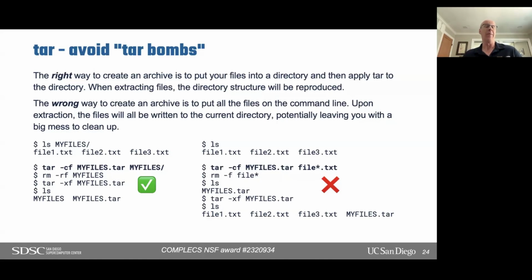But sometimes these archives can contain thousands or tens of thousands or even hundreds of thousands of files. So again, make sure that you create these the right way. And if in doubt, when you're extracting files from an archive, you might want to create a temporary directory where you do that extraction. So just in case you do have a tar bomb, you don't end up filling up your entire home directory with all of those files.